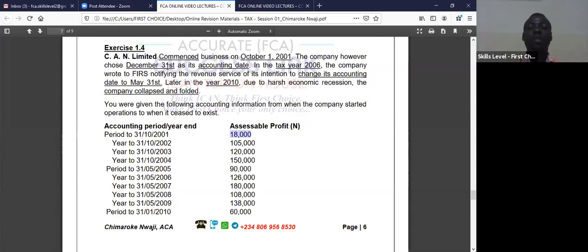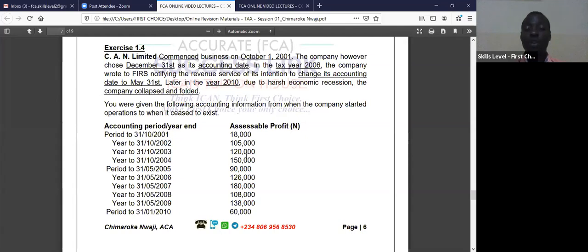Now, I should expect that since the company is choosing 31st December as an accounting date, the accountant would keep presenting to October 31st.